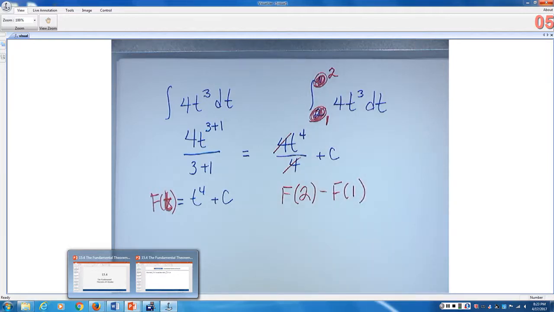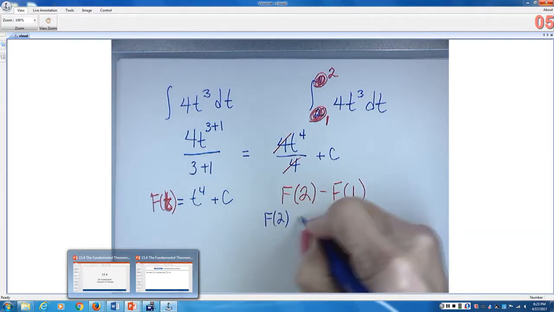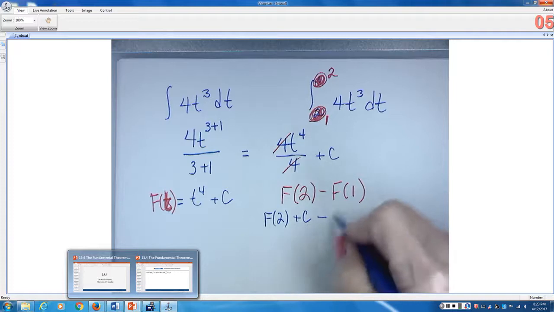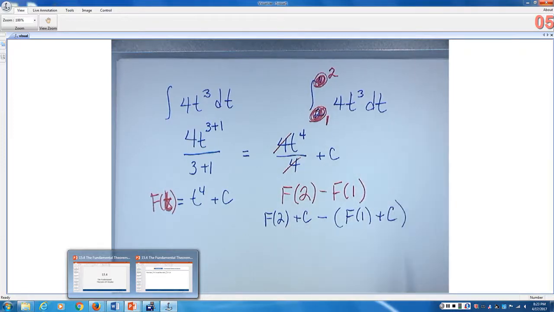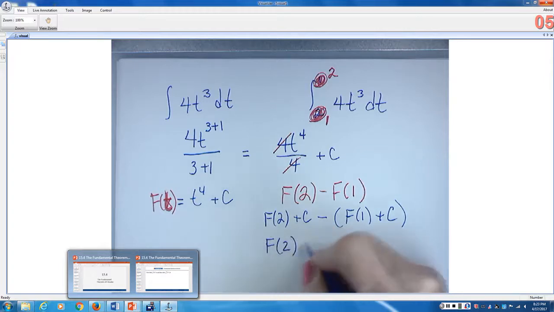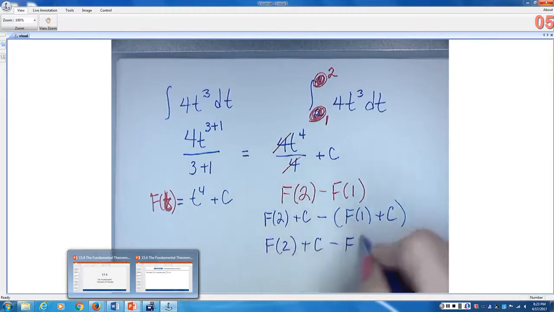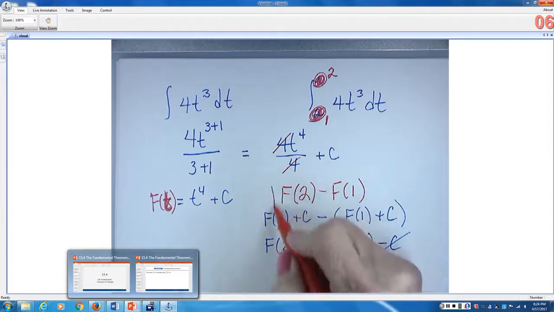And here's the reason you don't have to add plus C. F of 2 plus C minus F of 1 plus C says that you're going to have F of 2 plus C minus F of 1 minus C, and guess what happens to your constants anyway? They drop out. So all we're really going to evaluate is this.